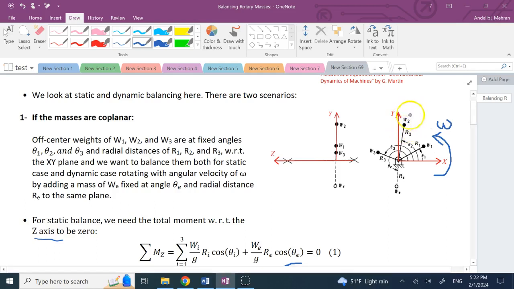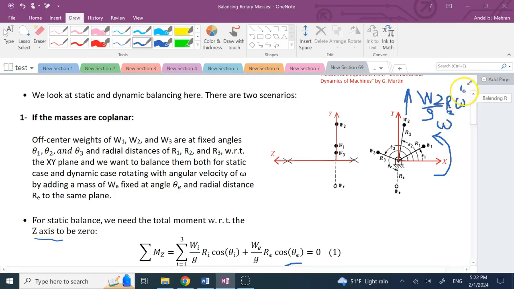So the centrifugal force for this mass or weight W2, which is at a radial distance r2, is going to be radially outward like that, and the magnitude of it is m, which is W2 over g, times the radius r2, times omega squared.